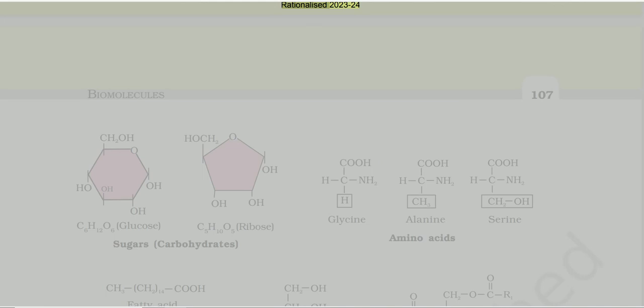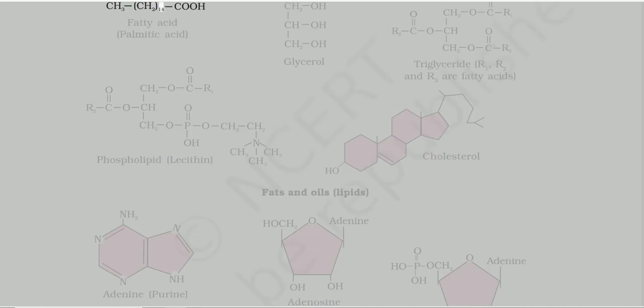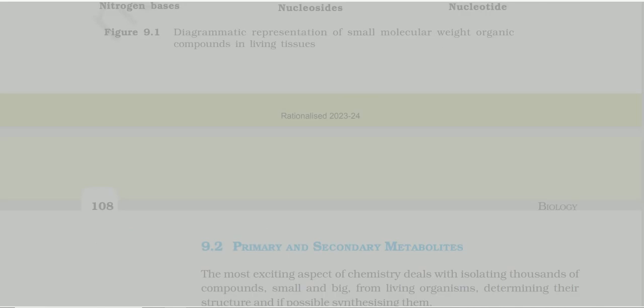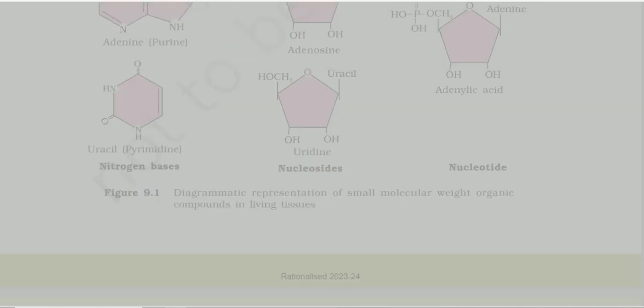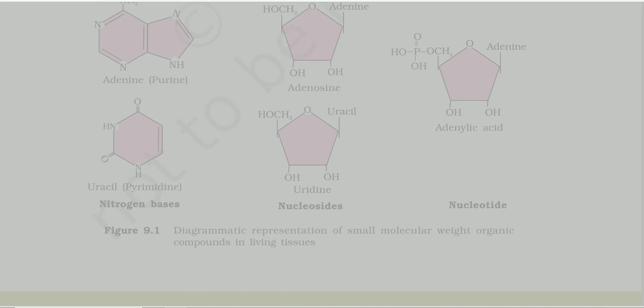Biomolecules. Cholesterol, phospholipid, lecithin. Fats and oils, lipids. Fatty acid, palmitic acid. Glycerol, triglyceride; R1, R2 and R3 are fatty acids. Nitrogen bases: adenine. Adenylic acid, nucleotide. Adenosine, uridine, nucleosides.